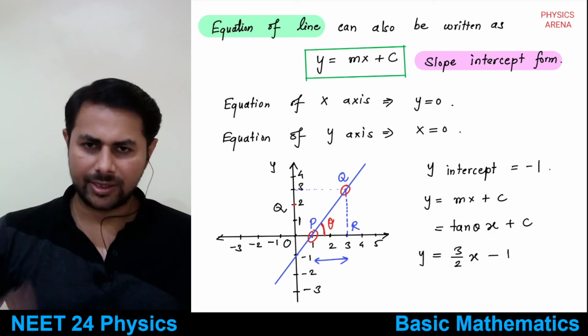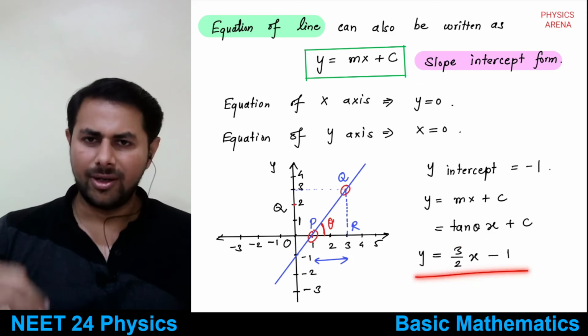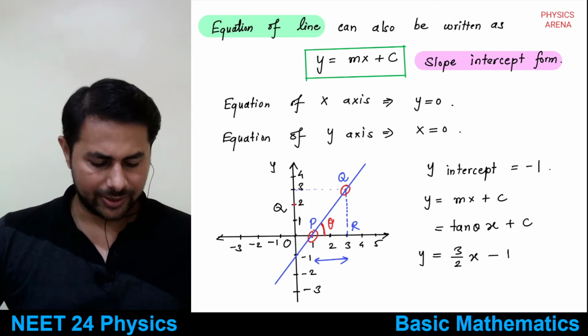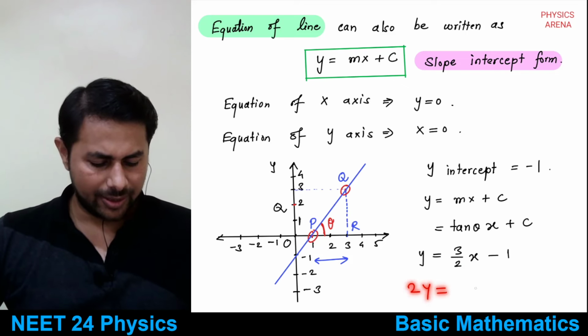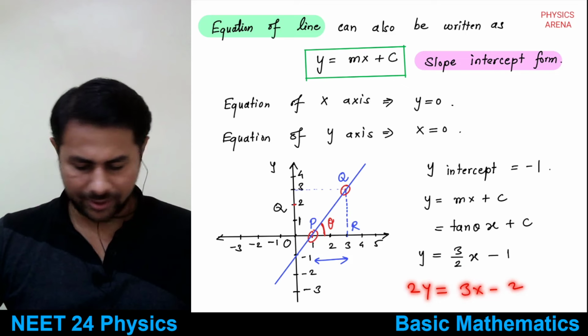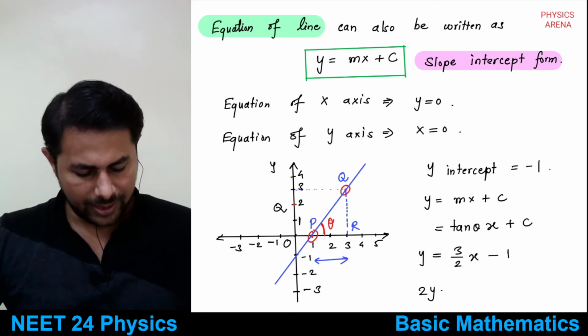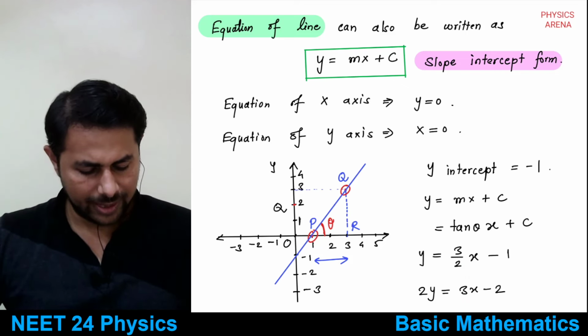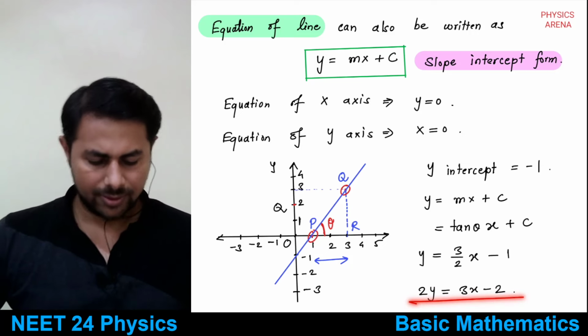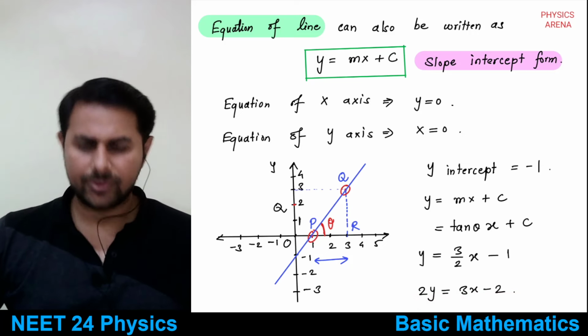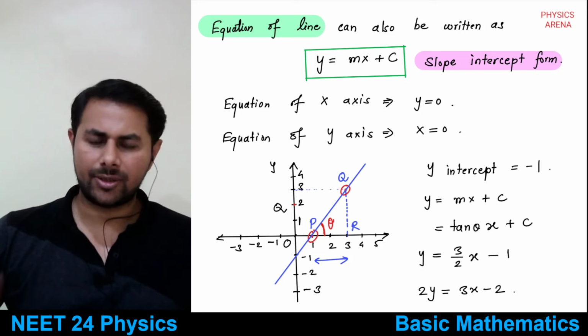If you want, you can simplify this by multiplying the whole equation by 2. So then it will become 2y equals 3x minus 2. 2y is equal to 3x minus 2. Okay, so this is how we find out the equations of the lines.